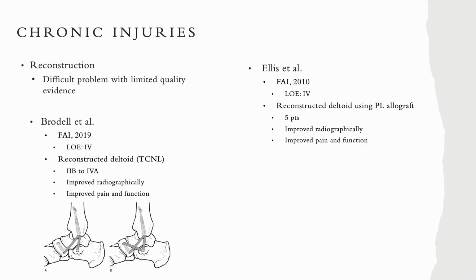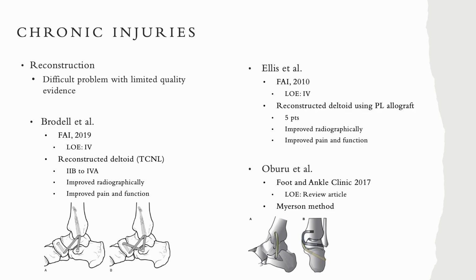I personally like the next one that I'm going to talk about. This was in Foot and Ankle Clinics in 2017. It's more of a review article. They really highlighted Meyerson's method of repairing it with an allograft, and I really think this makes a lot of sense to me. If you're just strictly talking about the deltoid, it really gets a spring ligament part of it.